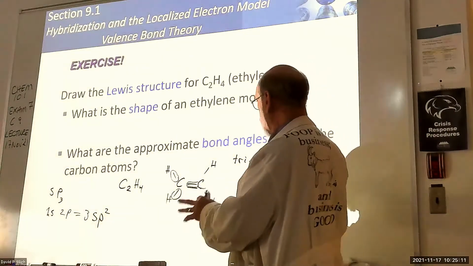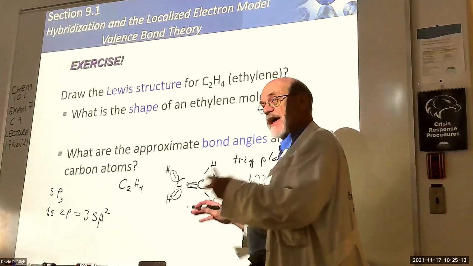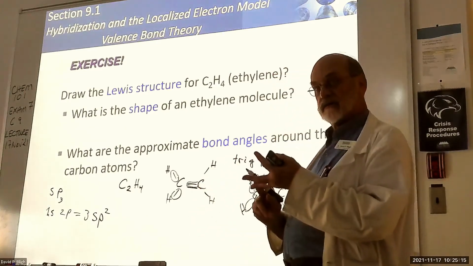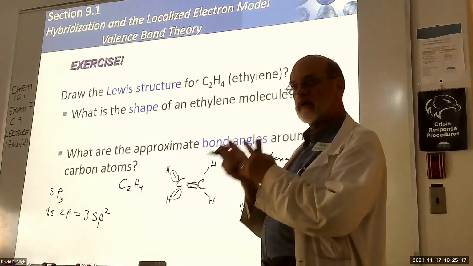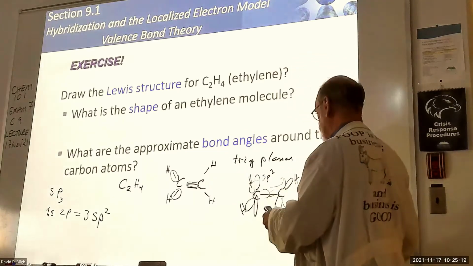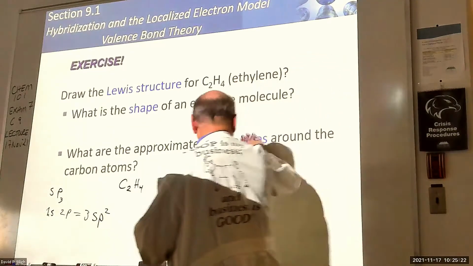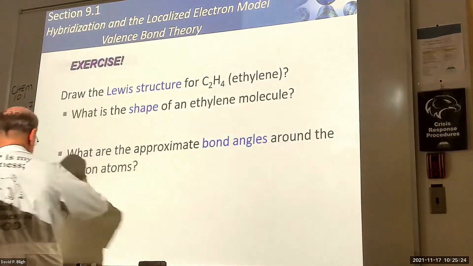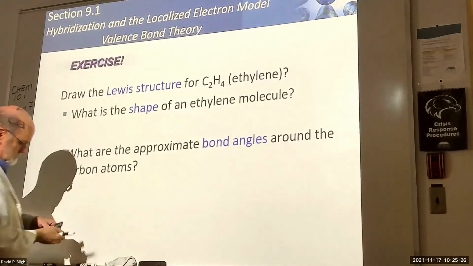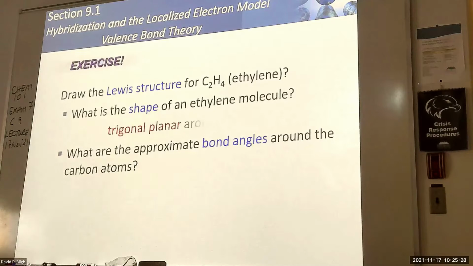But whenever we have trigonal planar, we only need to hybridize an s and 2 p's to give us 3 equivalent orbitals. All right. Correct?